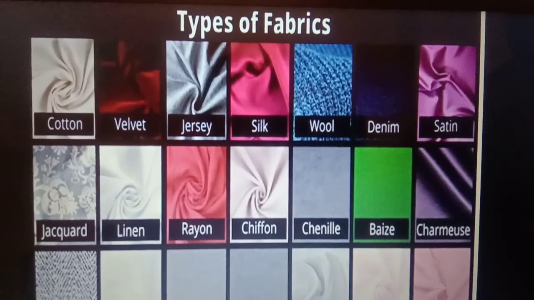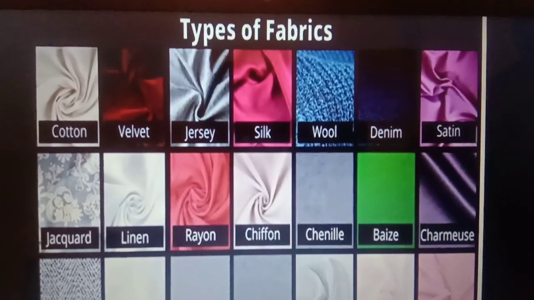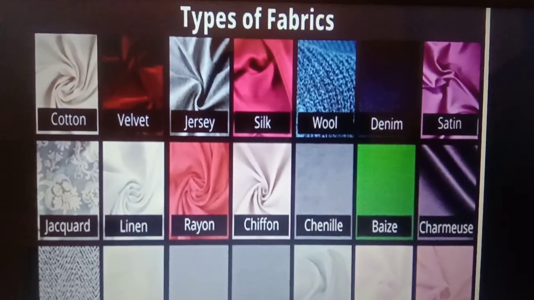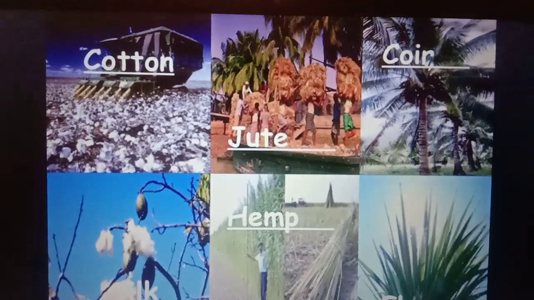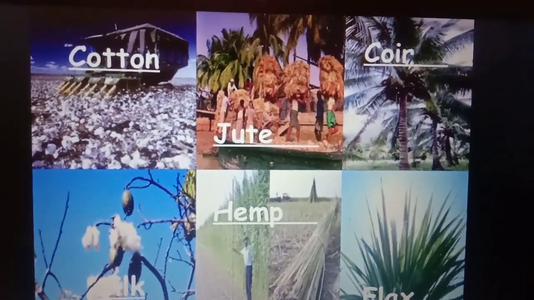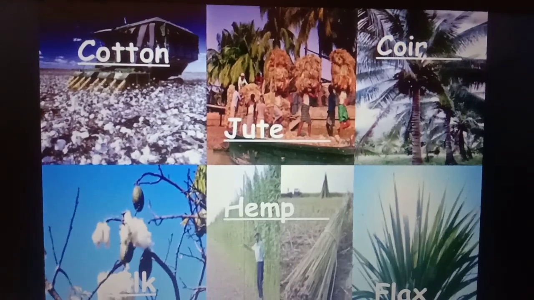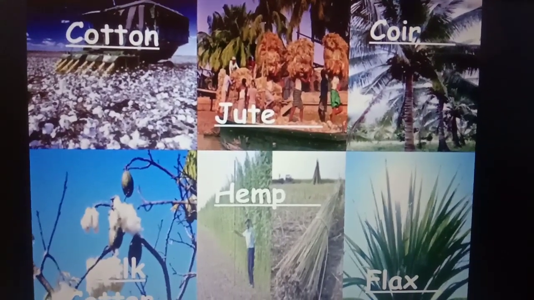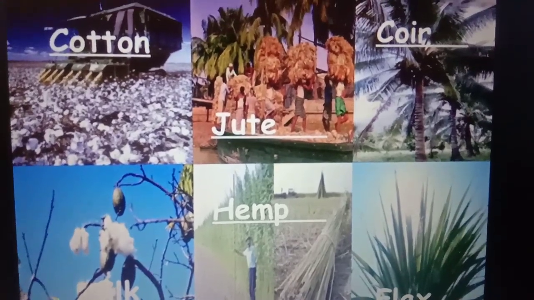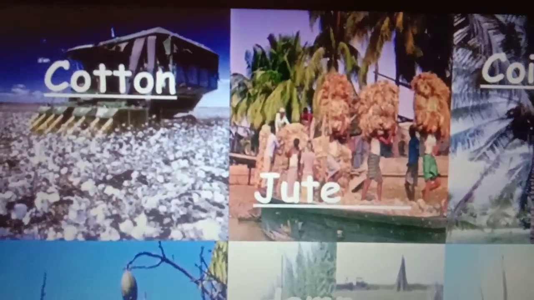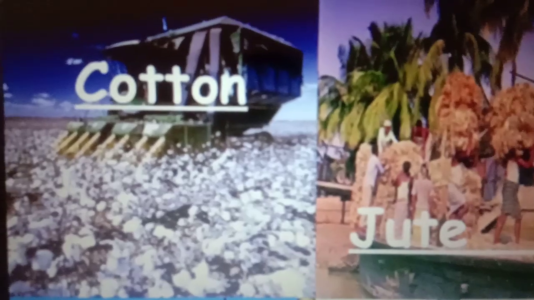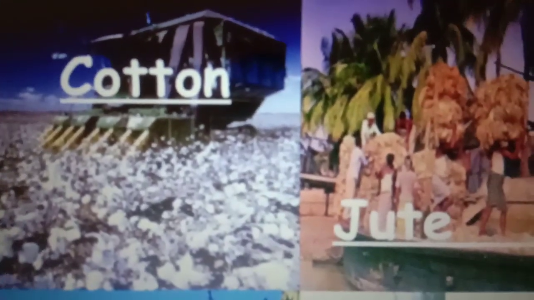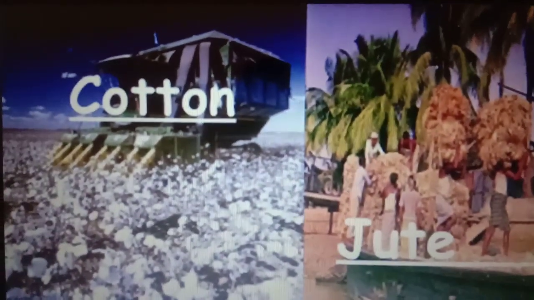Now, let us start with the sources of fibers. Fibers can be classified into two main categories. First is natural fiber and second is synthetic fiber.